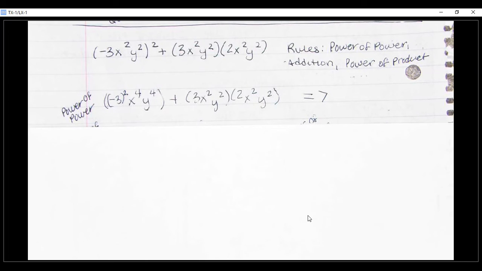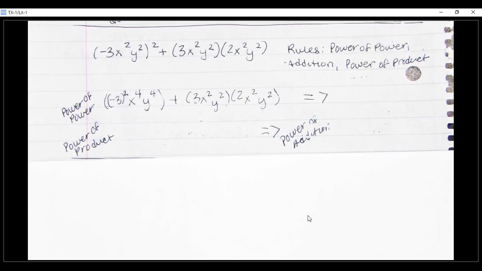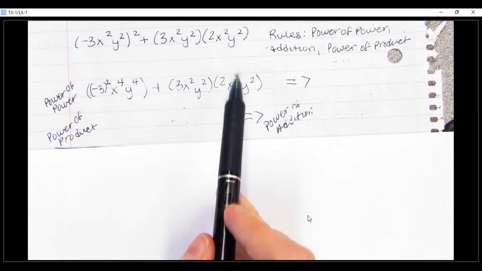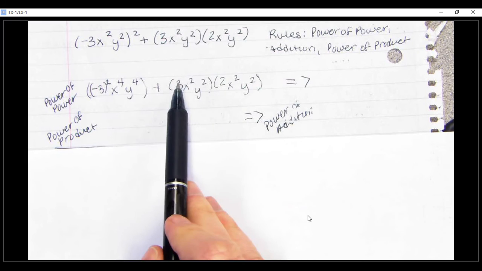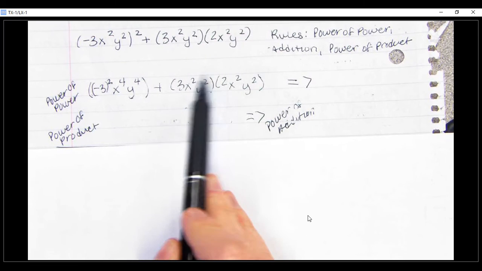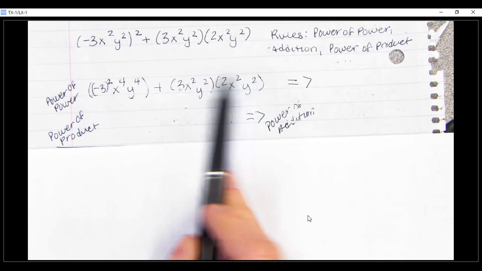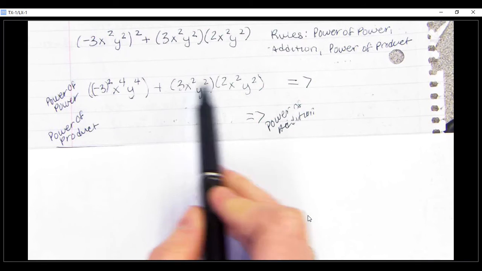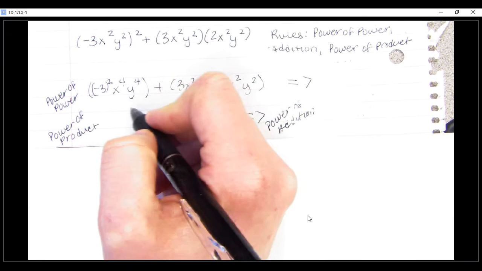Perfect. Now I can go on to my next one, which is going to be power of product. Power of product is only going to deal with this section right here. So I am going to add my exponents with the same bases. And since these are multiplying, I'm going to multiply the numbers in front.